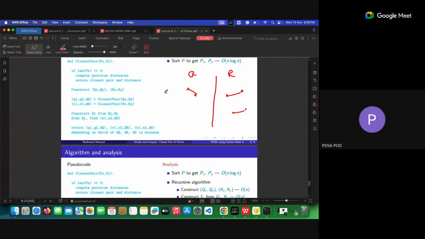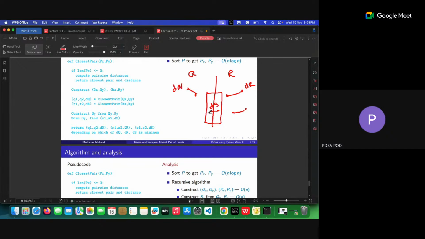We got one distance, which is nothing but dq. Another distance we got is dr. Now out of these two, again the minimum is taken. The minimum one has created one strip. In this strip, any distance you find less than this is considered as ds. So yes, they are considered as ds.